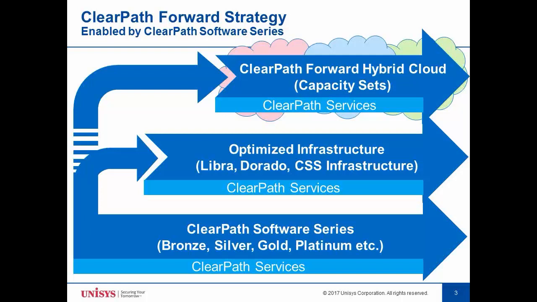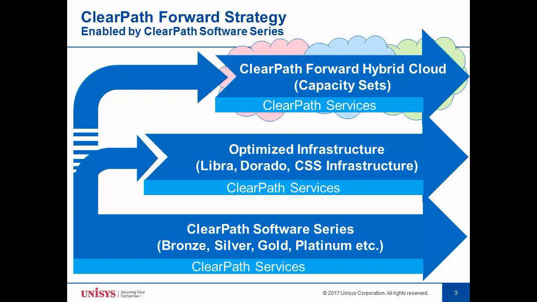So in the ClearPath Software Series, we have already announced and released in the MCP space, MCP Bronze and MCP Silver, which are very low-end and low-end offerings. What Sam will be talking to you today about is the first deliverable in the OS 2200 space, which is OS 2200 Developer Studio.